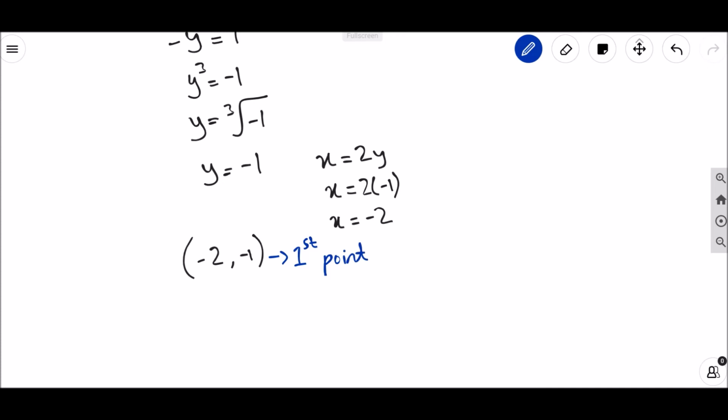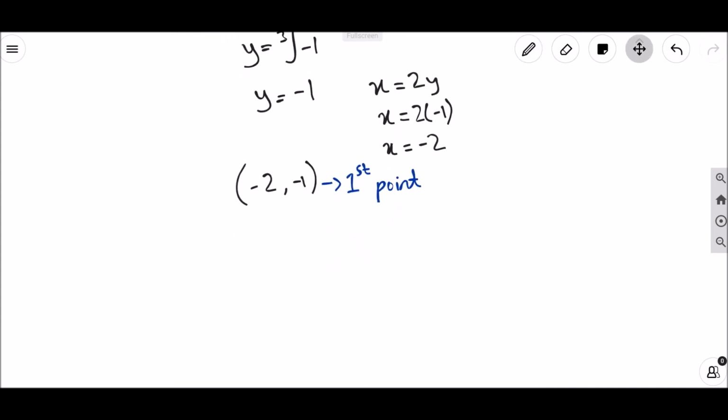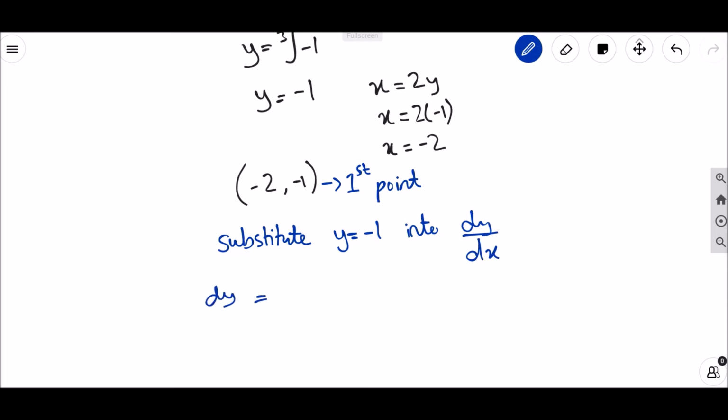So to find the second point, what we have to do is substitute y is equal to minus 1 into dy over dx. So our dy over dx is x squared minus 2xy over x squared minus y squared.